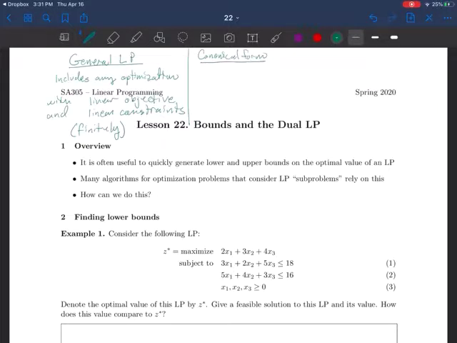Okay, from there, we talked about canonical form. And remember here, it's a linear objective, so the objective is really the same. But it's equality constrained only, and it's over non-negative variables.